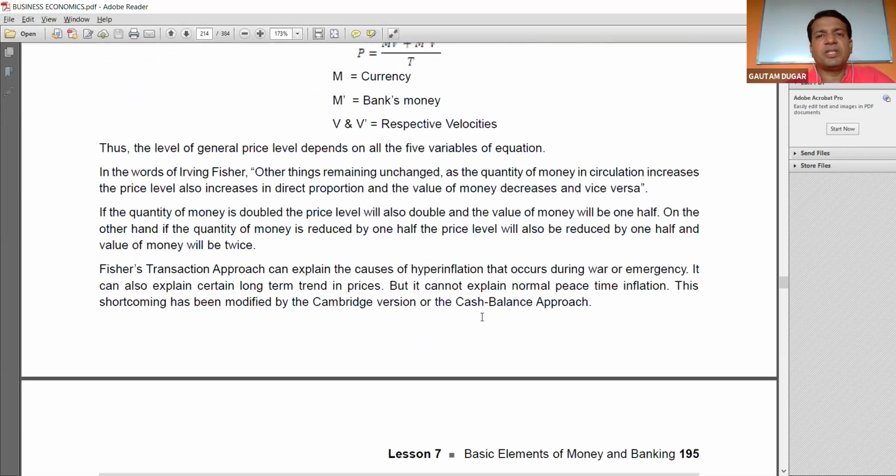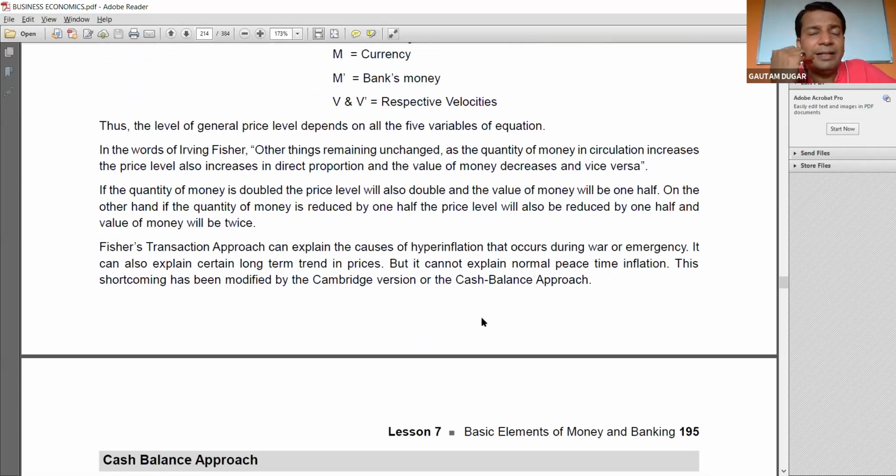So this equation basically explains why the price level increases. In a country like India, we always have deficit financing. You know what deficit financing is? The government constantly goes on increasing the money supply in the economy by printing new notes or by borrowing from the RBI.